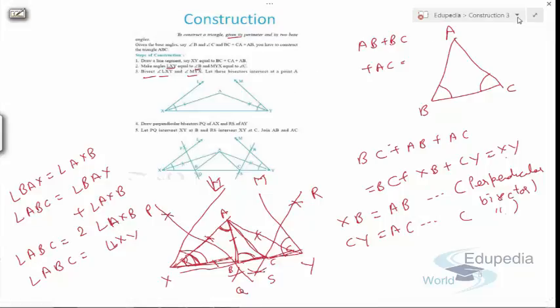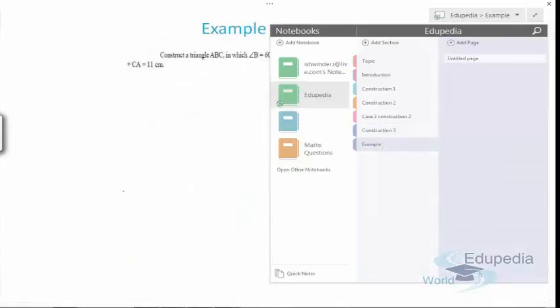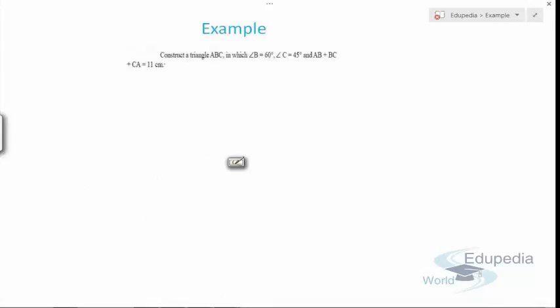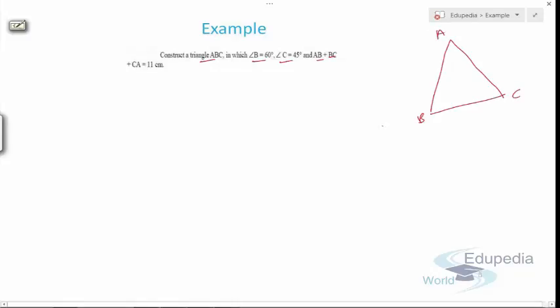So let's do an example related to this question. The example is, we need to construct a triangle ABC in which angle B is 60 degrees, angle C is 45 degrees, and AB plus BC plus CA is 11 centimeters. So first we need to draw a rough triangle ABC, right?